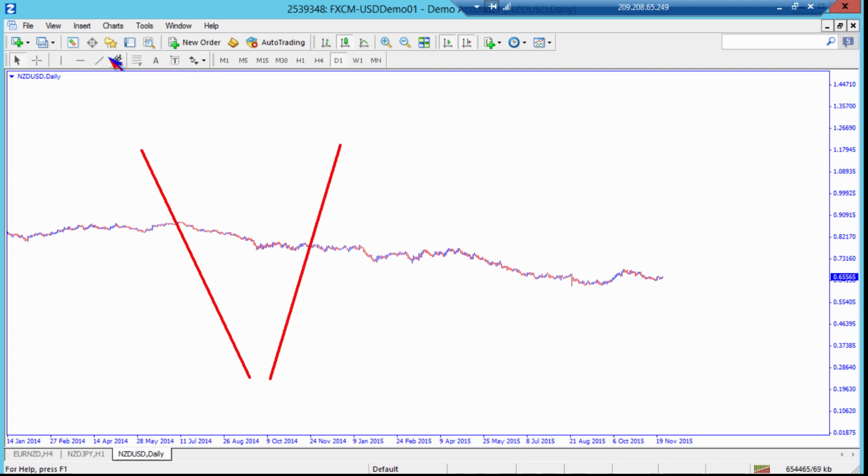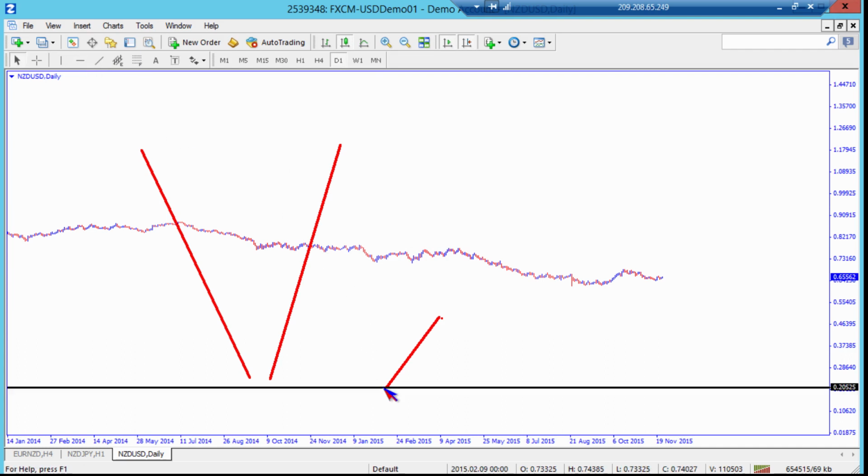An uptrend makes higher highs, which means that the market will rally off the low and then pull back down. And when it stops going down and turns up, you have a higher low and a higher high.